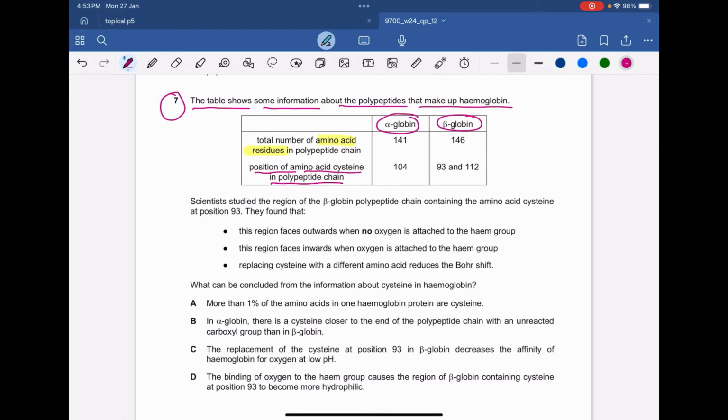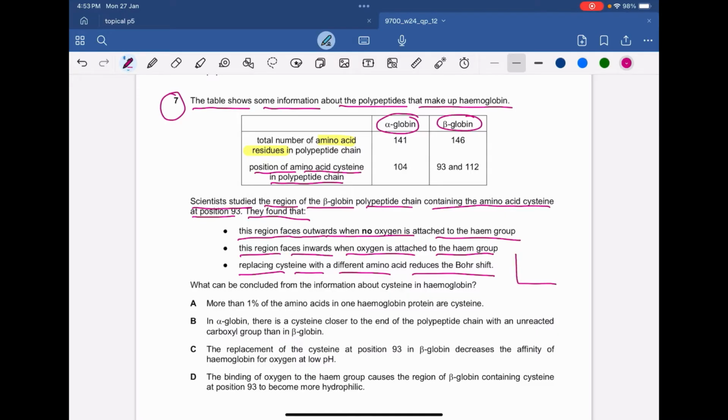They are saying that scientists studied the region of the beta globin polypeptide chain containing the amino acid cysteine at position 93. They found that this region faces outwards when no oxygen is attached to the heme group. This region faces inwards when oxygen is attached to the heme group. Replacing cysteine with a different amino acid residue reduces the Bohr shift.